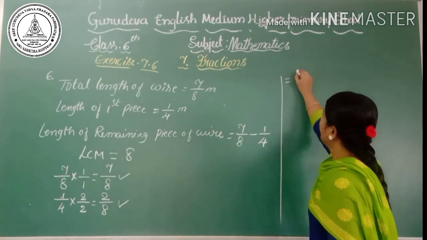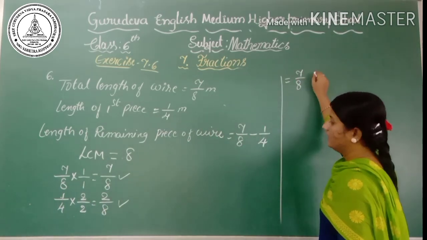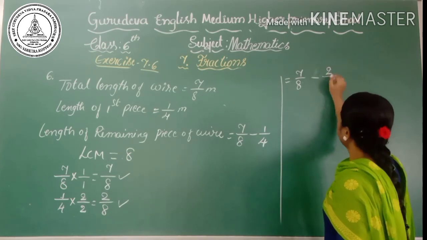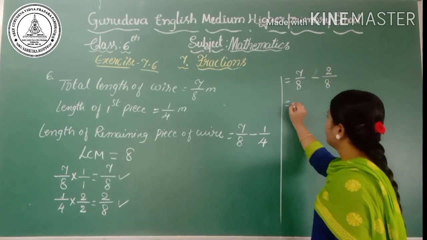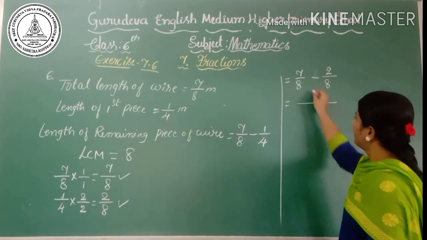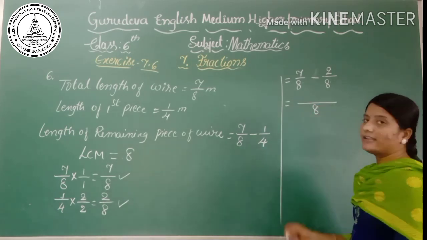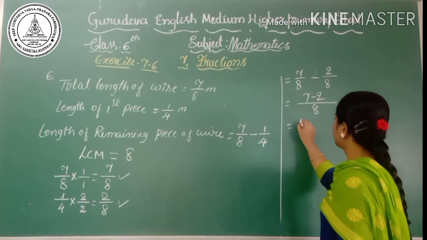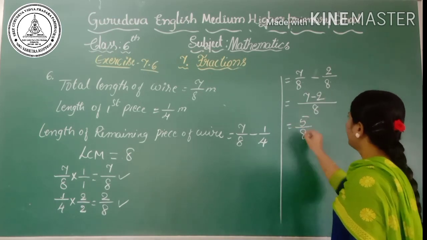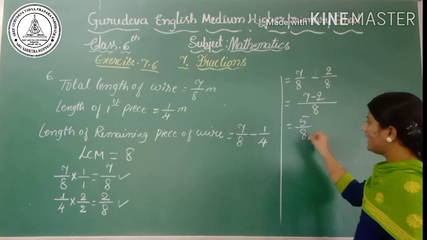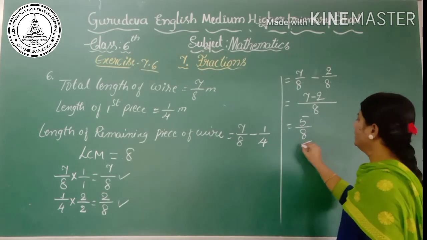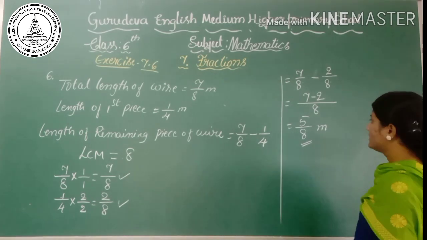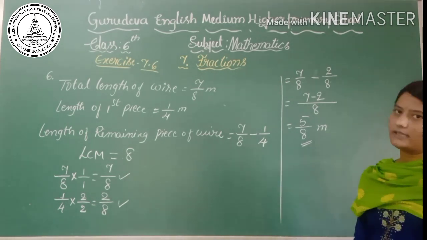Then subtract these two fractions. Okay. Which is equals to 7 by 8 minus 2 by 8. Then subtract here. So write the denominator as it is because these two are like fractions. Then you subtract the numerator, 7 minus 2, which is equals to 5 by 8. Right. So 5 by 8 is a proper fraction. No need to convert into a mixed fraction. Okay. Yes. 5 by 8 is what we have to write at last.